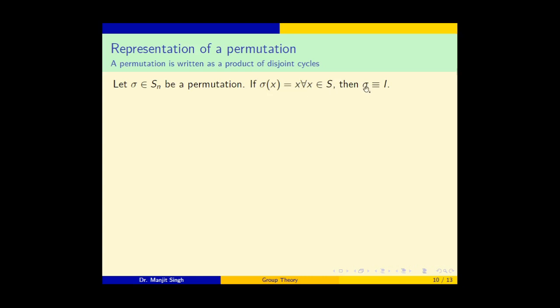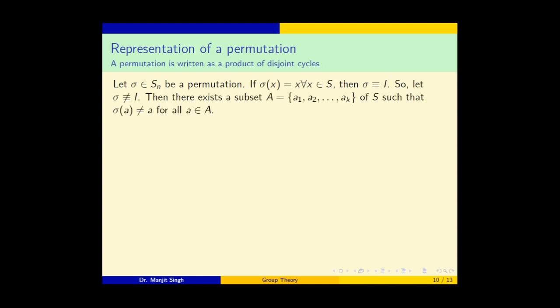If sigma is identity, then we will represent it as I. If it is different from identity, then there exists a subset A of S such that sigma(a) is not equal to a for all a belonging to A. It means that if sigma is different from identity, there will be at least one element in S which moves under sigma.